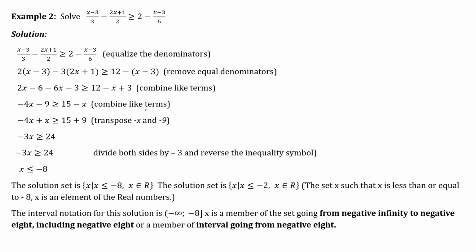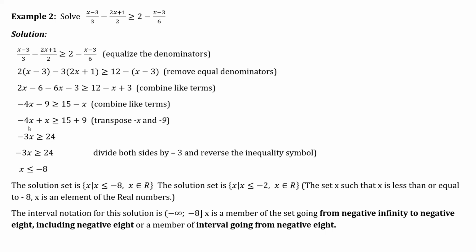So combine like terms, transpose negative x to the left side as positive x, and transpose negative 9 to the right side as positive 9.